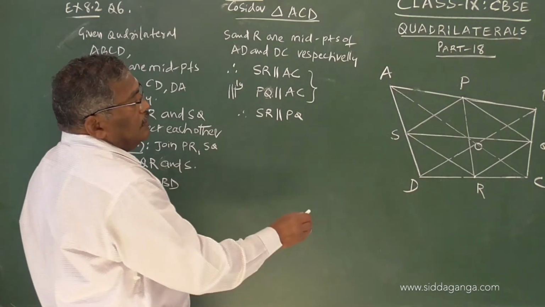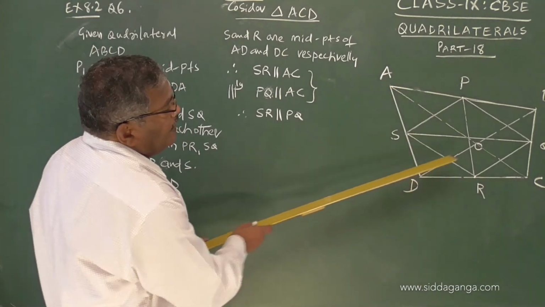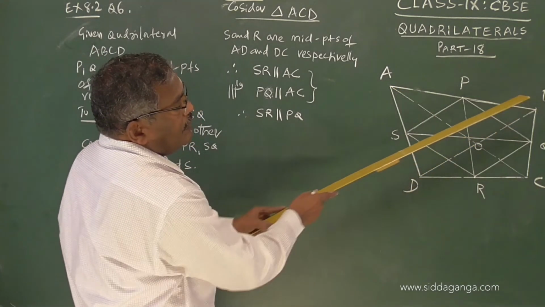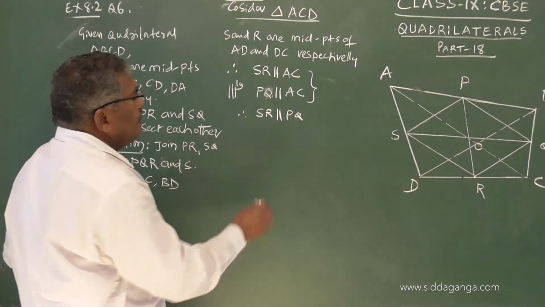Now, similarly, if I take up the ADB triangle, I can prove that PS is parallel to BD.